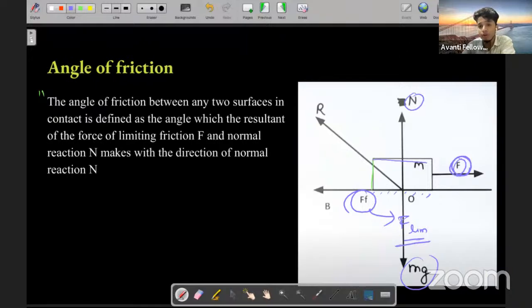Now, students, the resultant between normal and frictional force is this? Yes or no? Let me know in the chat. Will this be the resultant? Yes, this will be the resultant.